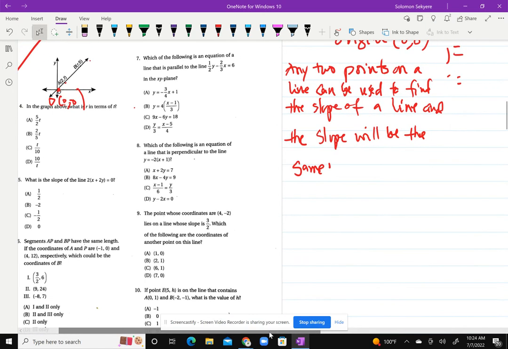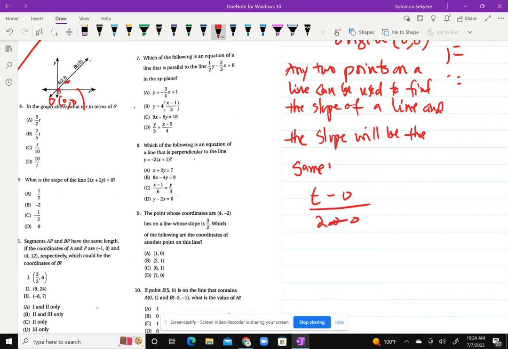So if I use the point A to write an expression for slope, my x's will be t minus 0 over 2 minus 0. That will be the expression for slope.